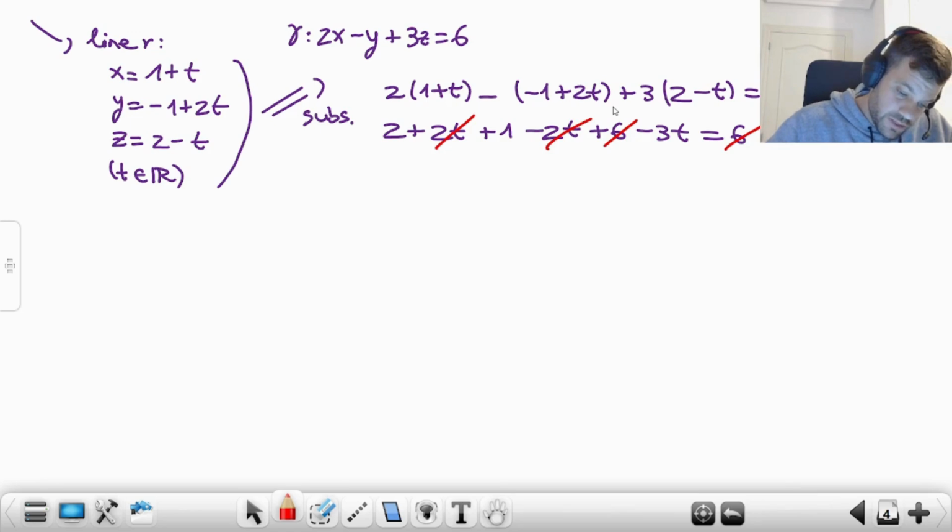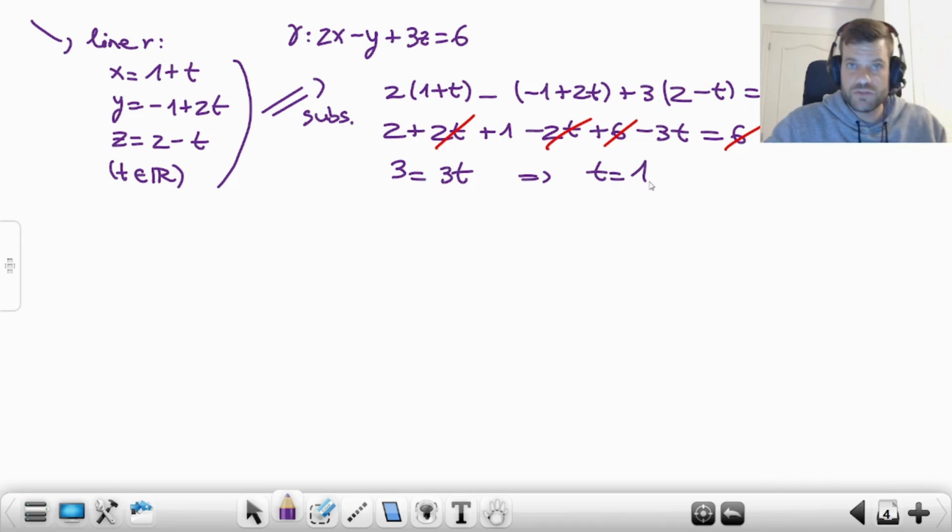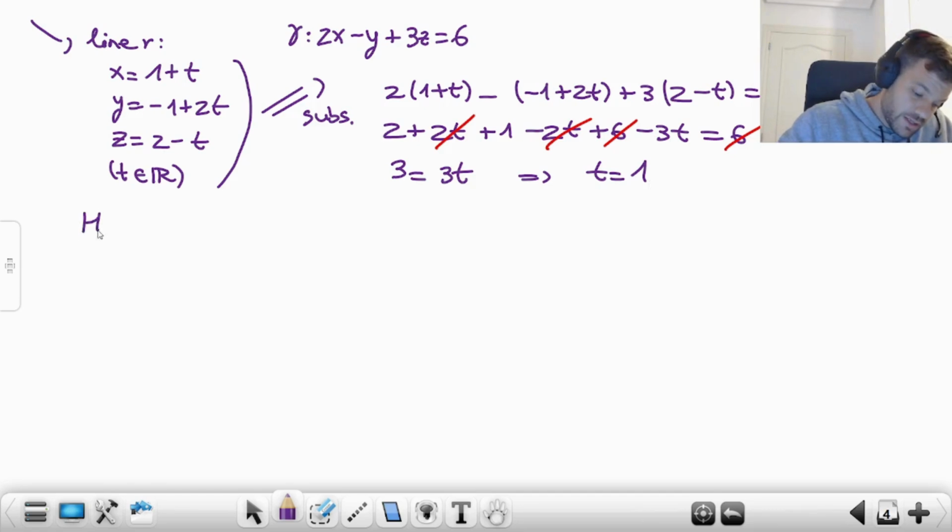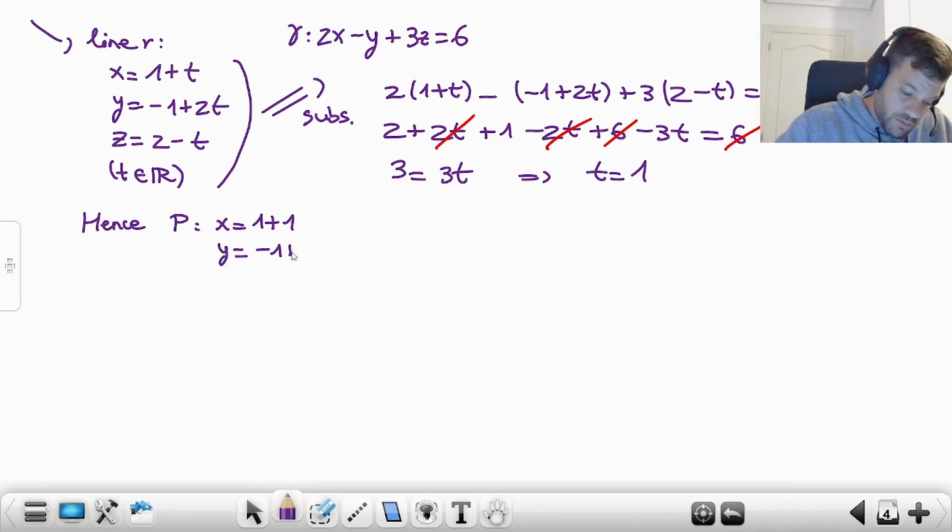Plus 2t minus 2t. So we end up having 3 on the left equals 3t on the right, and therefore t equals 1. The entire line is described for all values of t, but the intersection is produced exactly at t equals 1. Hence, P has coordinates: x, 1 plus 1; y, minus 1 plus 2 times 1; and z, 2 minus 1. So point P has coordinates 2, 1, 1.